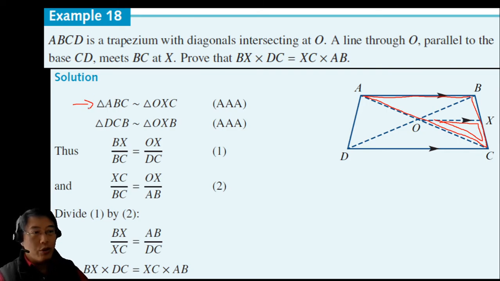Now, once you do that, you can write that ratio, okay? So we have that side. What did they use BX for? Hang on, no, I'm pointing to the wrong one, sorry. OXC, ABC.